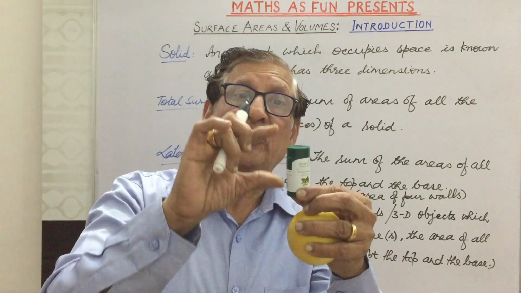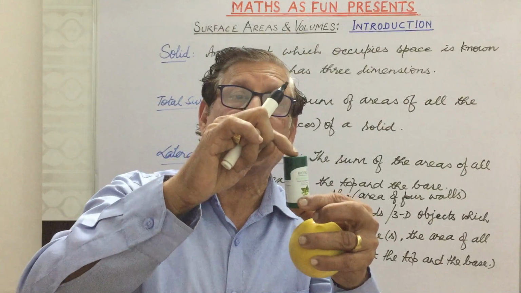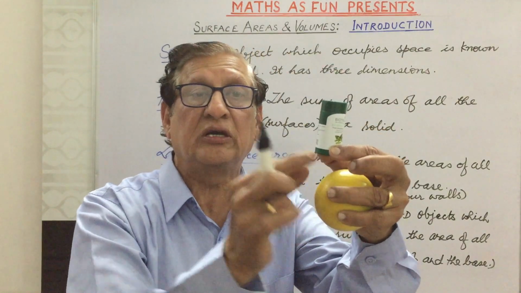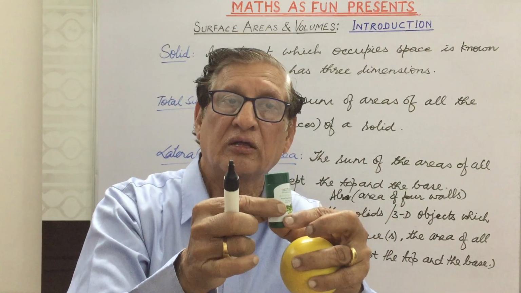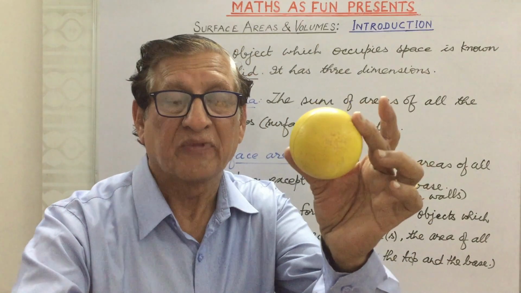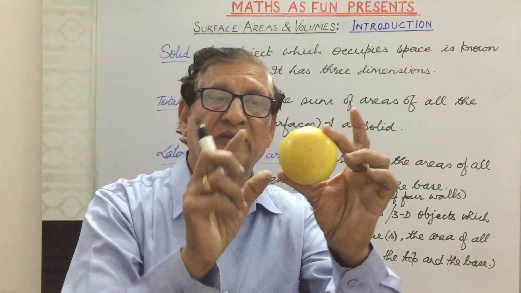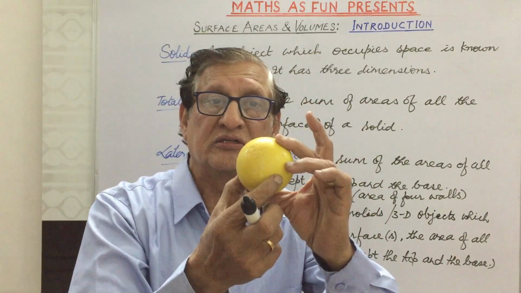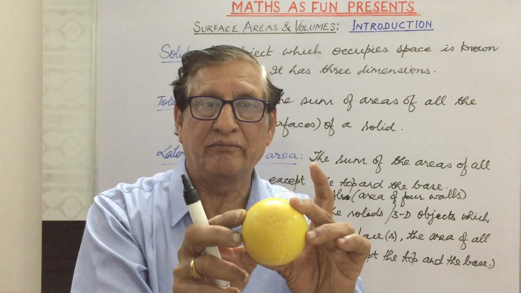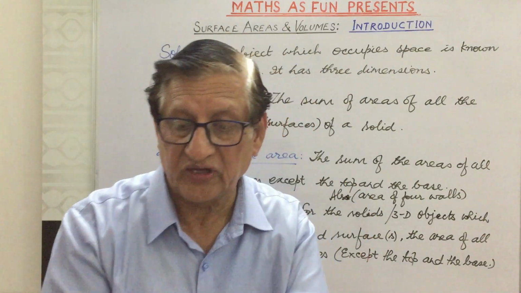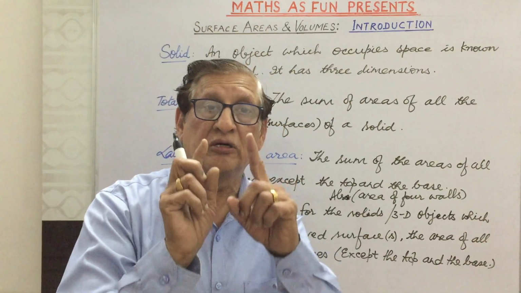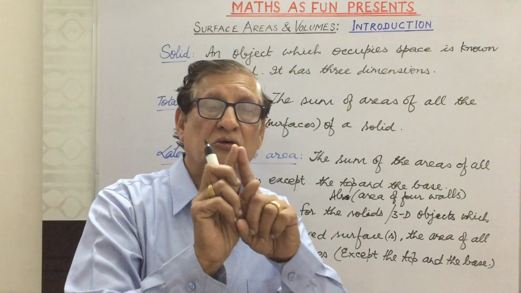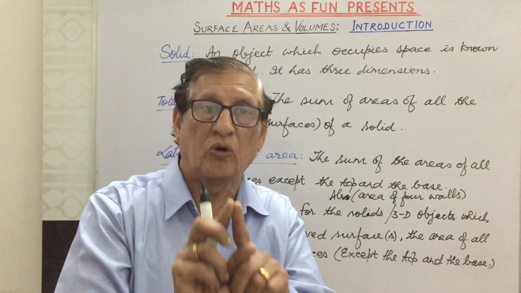So if we find the total surface area and subtract the area of the top and the base, the 2 circular faces, that will be its curved surface area. And in the case of a sphere, we have already discussed that the total surface area and the curved surface area are the same.